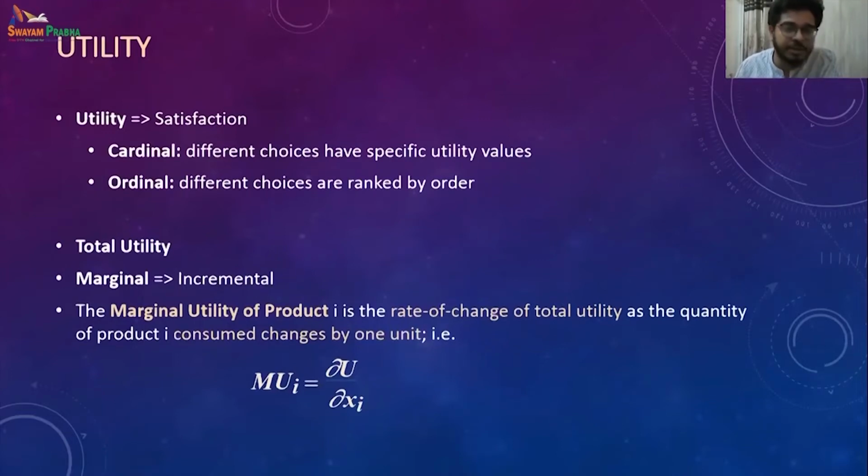The total satisfaction we gain from consumption of one commodity or service is called total utility. If you are listening to me for 5 minutes, you are getting some satisfaction. Then for 10 minutes, then 15 minutes, then 20 minutes, whatever total satisfaction you get, that is your total utility.